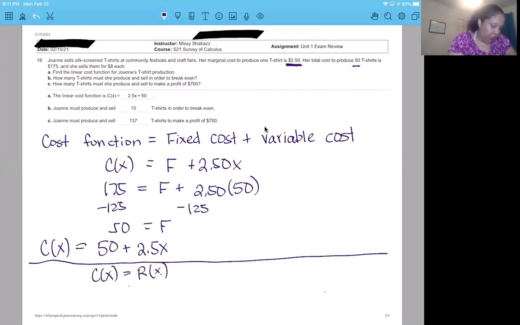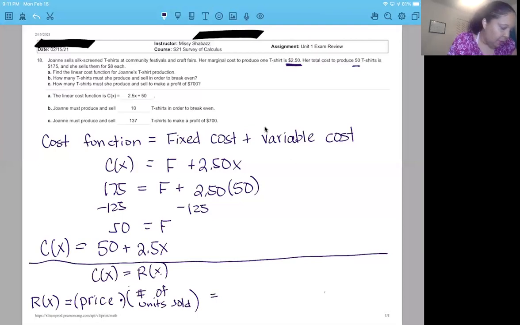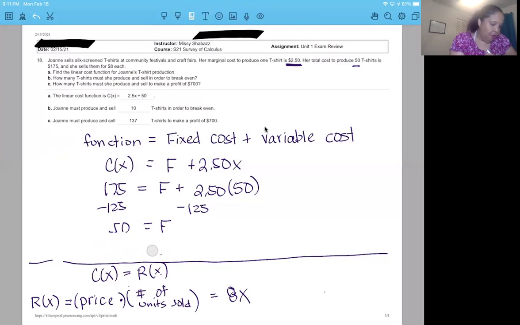My revenue function is going to be the price times the number of units sold. In our case, they tell us the price is 8 and the number of units sold is going to be our variable x.